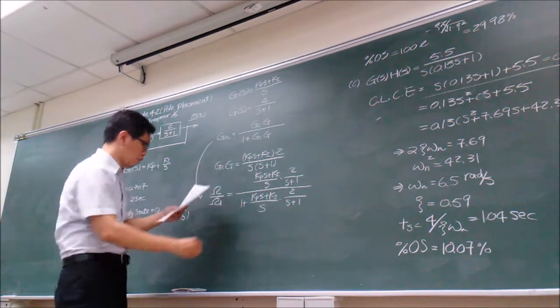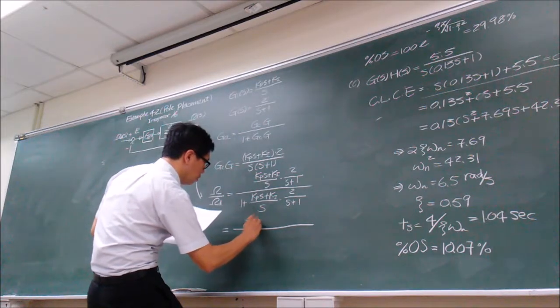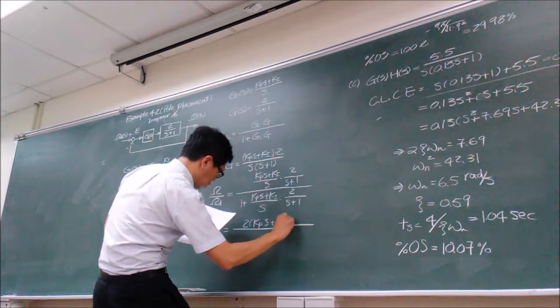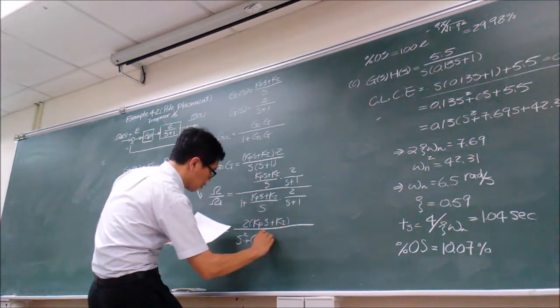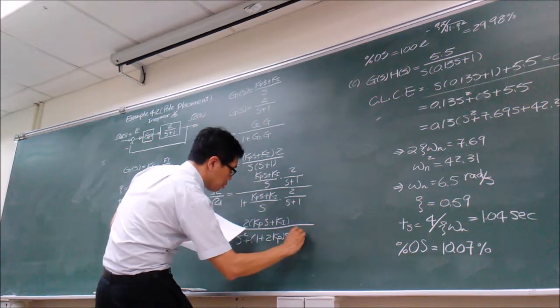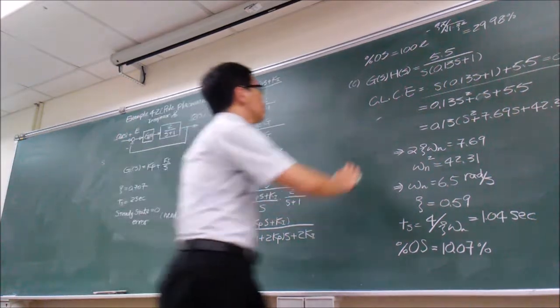When we have this one, the transfer function becomes 2(Kp s plus Ki) over s squared plus (1 plus 2Kp)s plus 2Ki. Any questions so far?